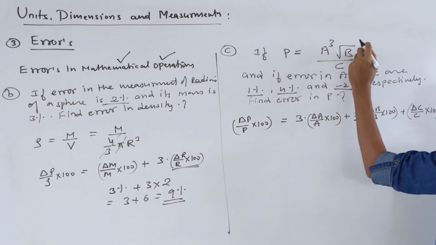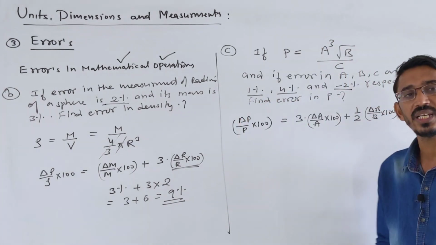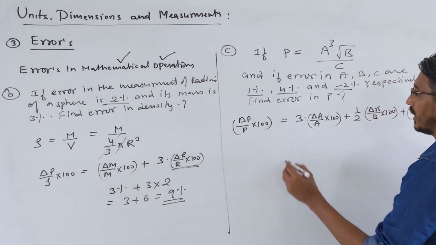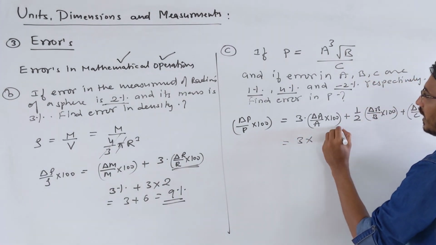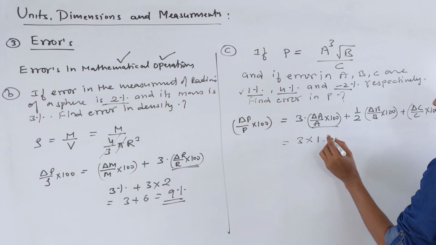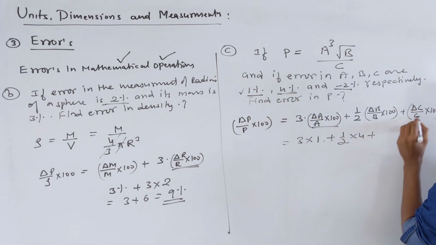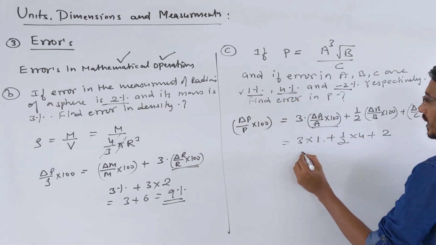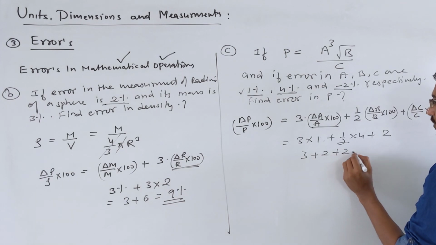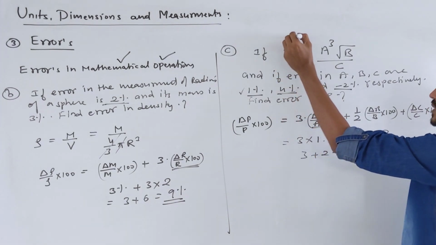These are multiplication and division, so we write these errors are added, percentage error or relative error also you can say. Okay, so let's see: 3 times the error in A. How much is the given error? 1%. Done. Okay, half the error in B, given 4%, plus C given 2%. So this becomes 3 plus 2 plus 2, what is the answer? 7% is the error in the P quantity.